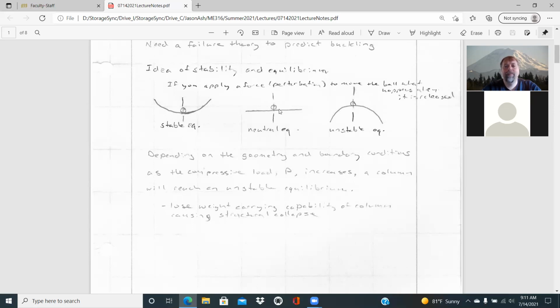If you're looking at a flat plane, if you move the ball away, it's not going to come back. It's just going to stay where it's at. So that's a neutral equilibrium. It's not going to go any further away from that ideal position once you let go of it. It's just going to stay where you left it. And then you get to unstable equilibrium.